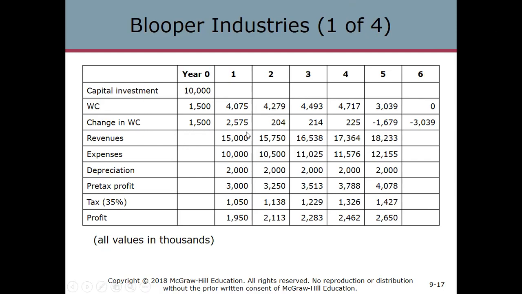While year one would be 4,075 minus the previous year 1,500, so that's why we get 2,575. For year two, that's 4,279 minus 4,075 equals 204. 4,493 minus 4,279 equals 214, and so on.